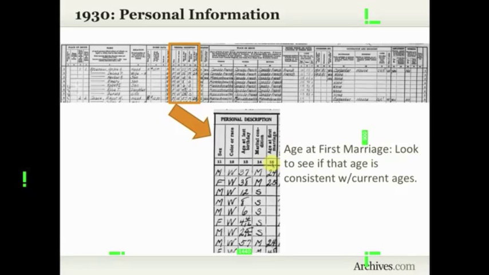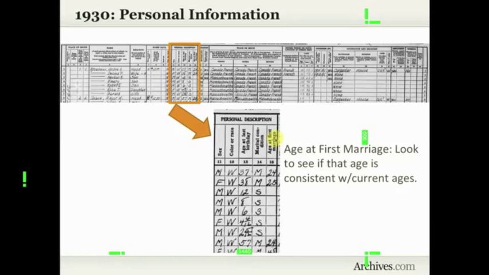So for example, here we have a husband and wife. He's age 37, she is age 38, so she is 1 year older than he is. And they reported that age at first marriage, that he was 24 and she was 25. Again, she's 1 year older than he is. So that is consistent. Now let's say that it said that his age at first marriage was 27 and hers was 18.